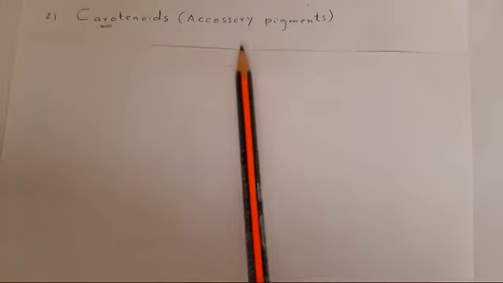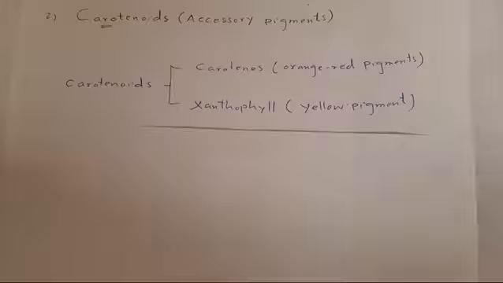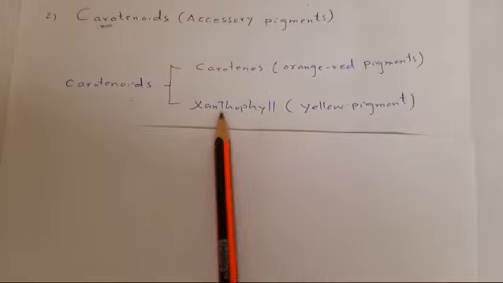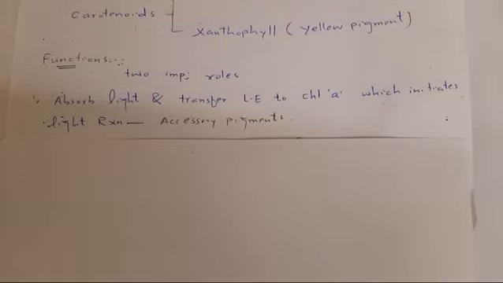Now coming to the second type of photosynthetic pigments, that is carotenoids, which are also known as accessory pigments. The carotenoids include carotenes, which are orange red pigments, and xanthophyll, a yellow pigment. Now the function or role of carotenoids.